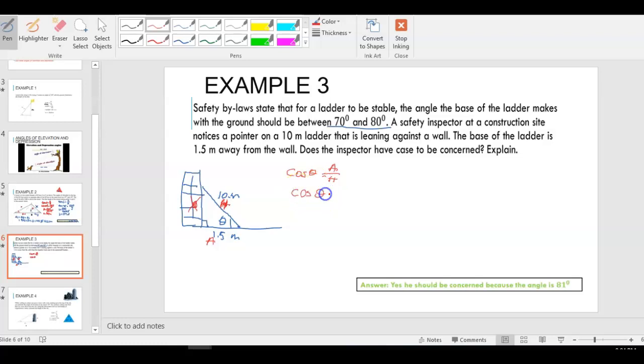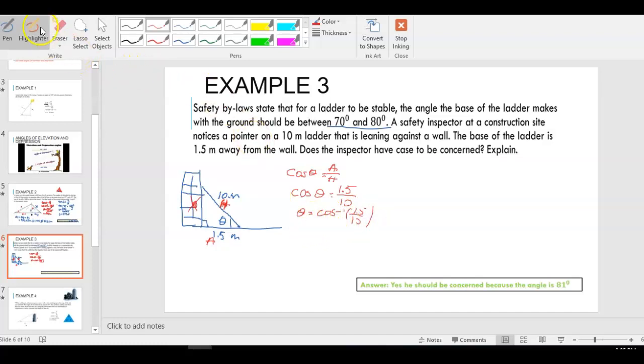Let's write the information. Cosine of angle theta equals adjacent is 1.5 over 10. Now we're solving for angle. To isolate theta, we need to take the inverse of cosine. Theta equals inverse of cosine of 1.5 over 10.